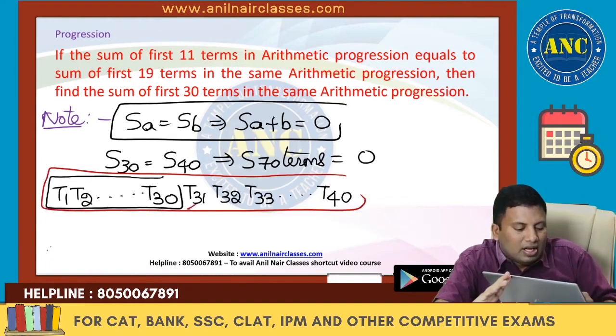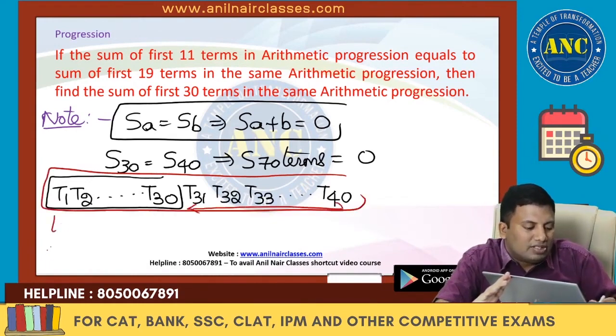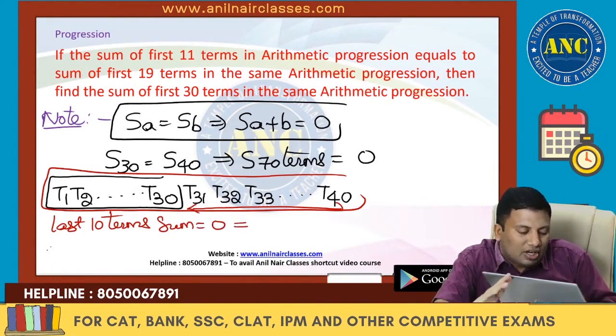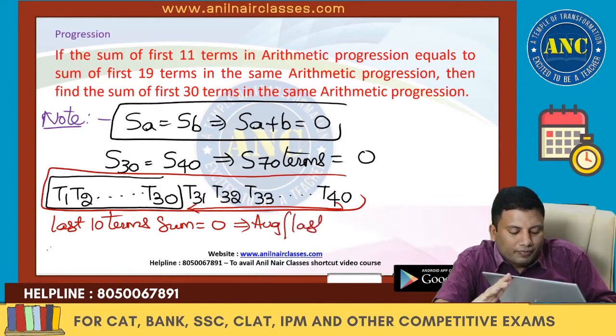That means last 10 terms sum is 0. If last 10 terms sum is 0, average of these last 10 terms will also be 0.